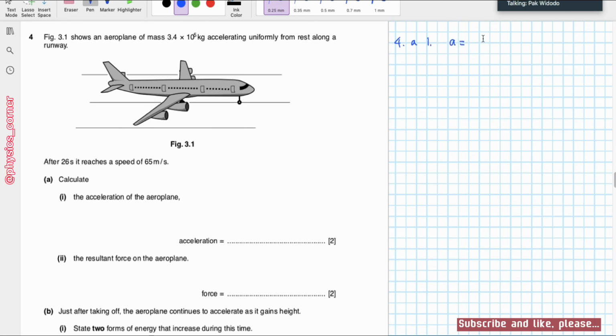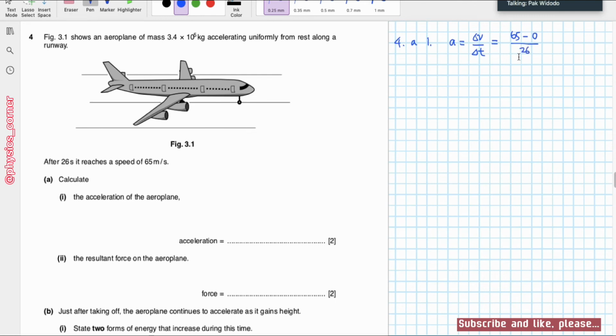Acceleration is change in velocity divided by time. They have a change after reaching 65 from 0 in time 26.